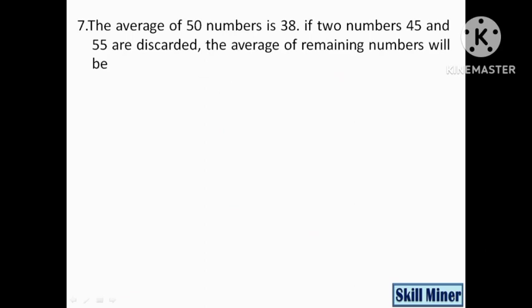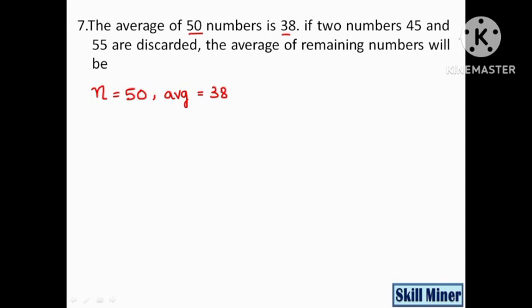The average of 50 numbers is 38. There are 50 numbers, and the average is 38. This is given in the question.